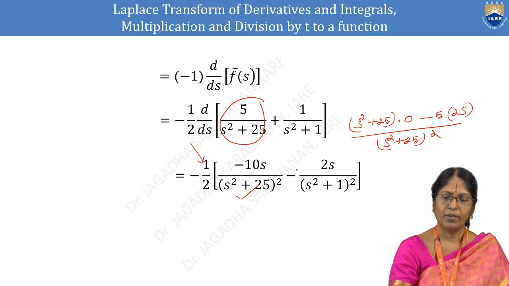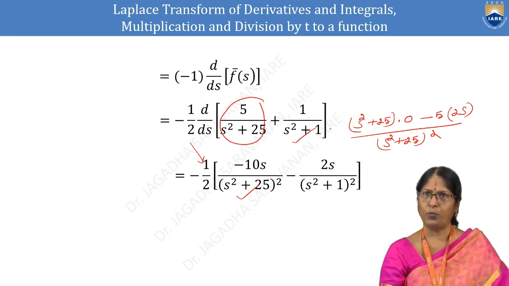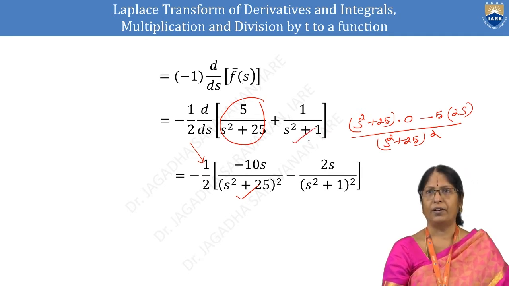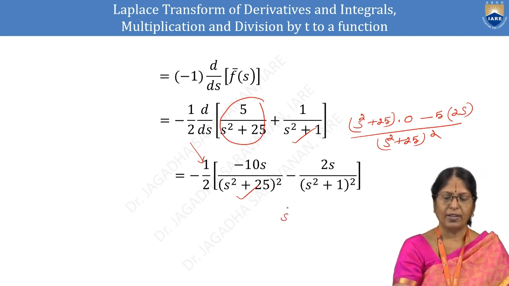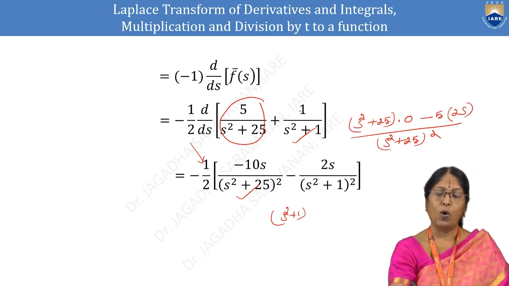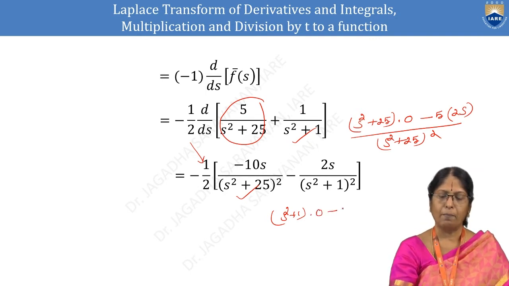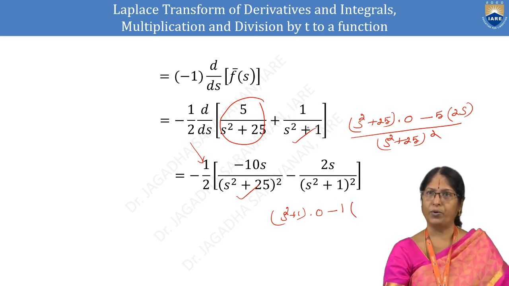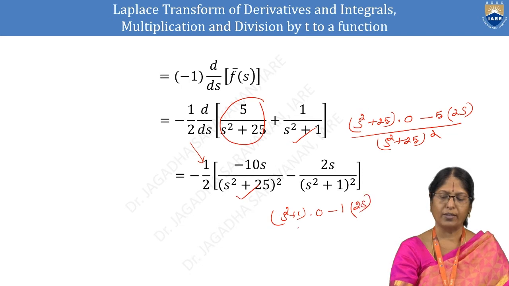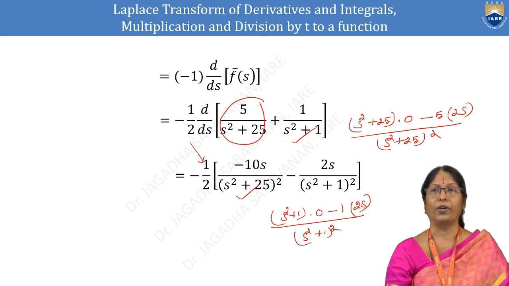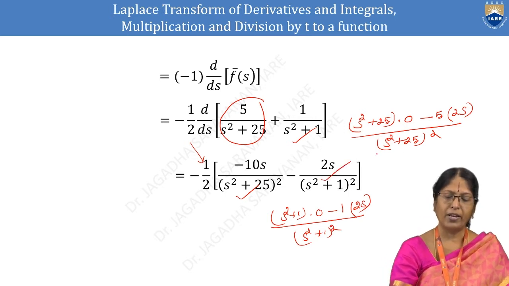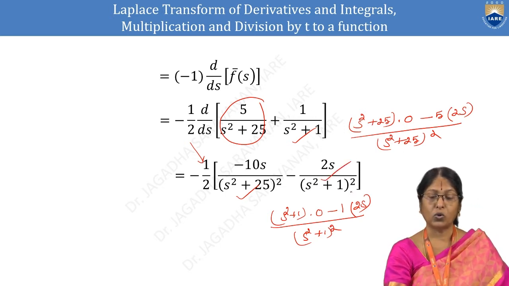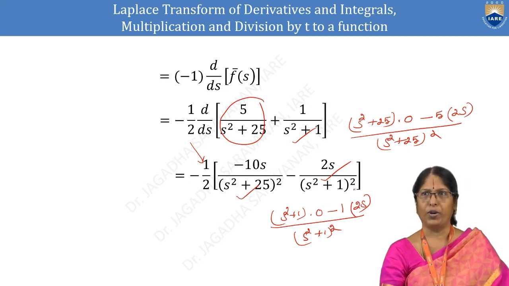Fine. Next, in a similar way we can do this differentiation. That is s square plus 1, the numerator is 1. The differentiation of 1 is 0, minus the numerator 1 times the differentiation of the down part, 2s, divided by s square plus 1 the whole square. So we got minus 2s by s square plus 1 the whole square.